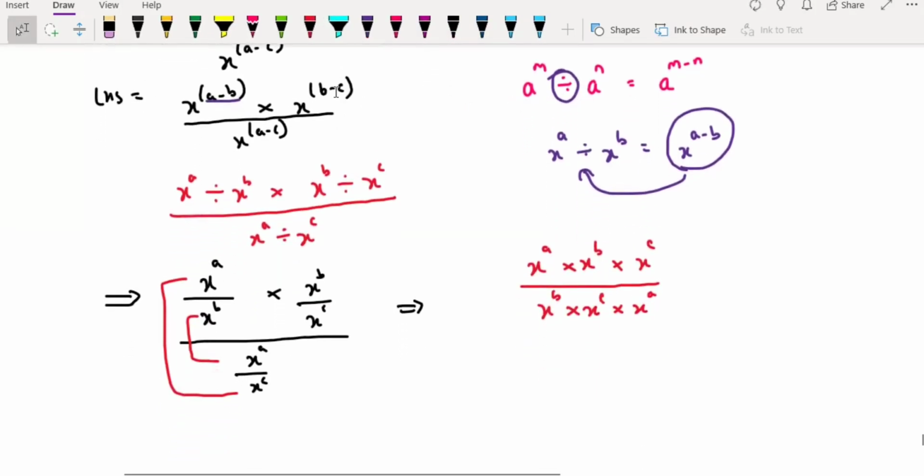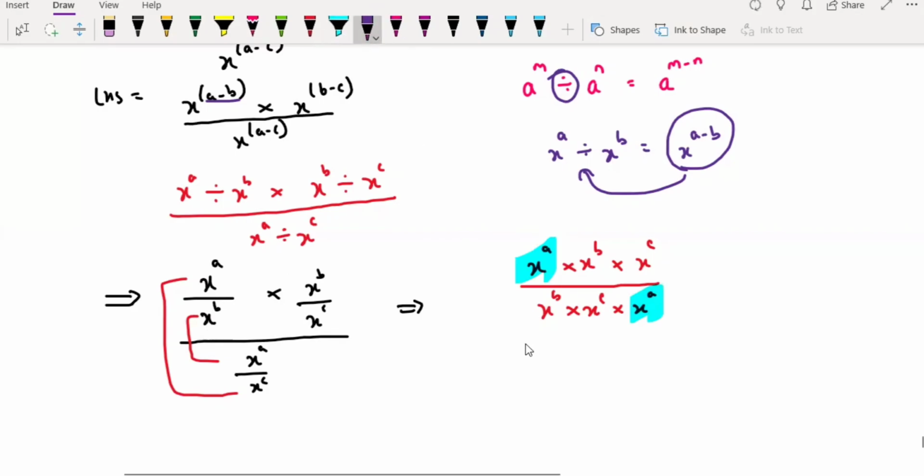We can cancel it, but since we are in the exponent chapter, we have to solve every solution using just the laws. Just for information, I'll show you that x to the power of a and here also x to the power of a. The base is the same and it is division, because one is in the numerator and the other is in the denominator.